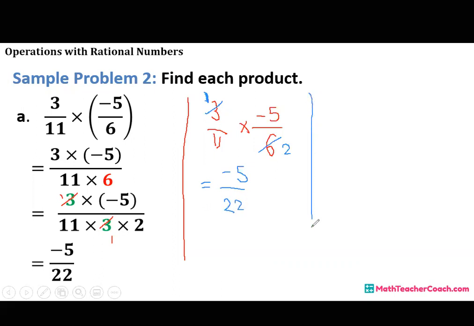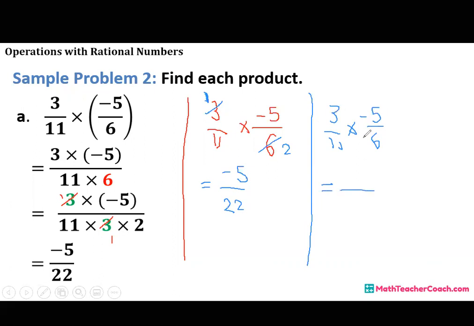What else? We have a third method, 3 over 11 times negative 5 over 6. We can multiply the numerators together.